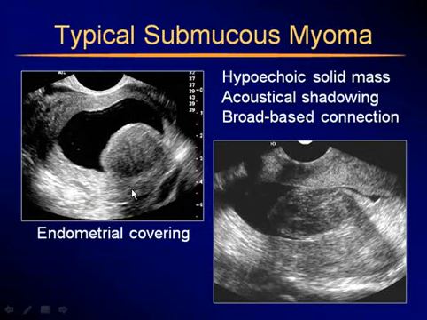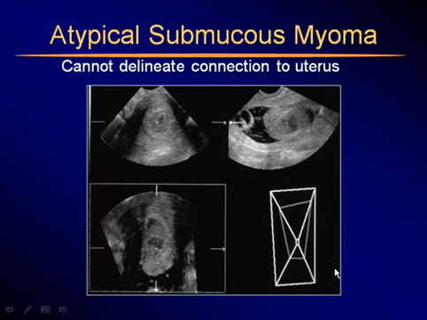Now, a submucous myoma is typically a hypoechoic solid mass with acoustical shadowing, and it has a broad-based connection to the uterine endometrial wall and has a covering of endometrium on top of it. Here's another one, hypoechoic shadowing kind of a mass.